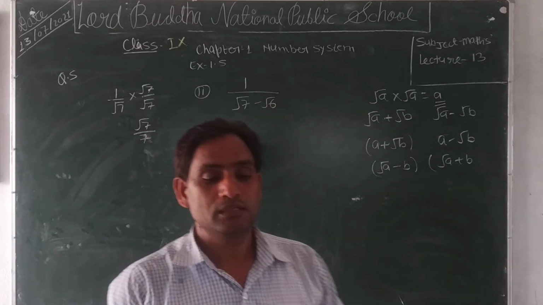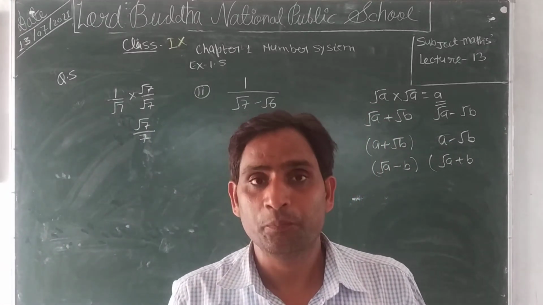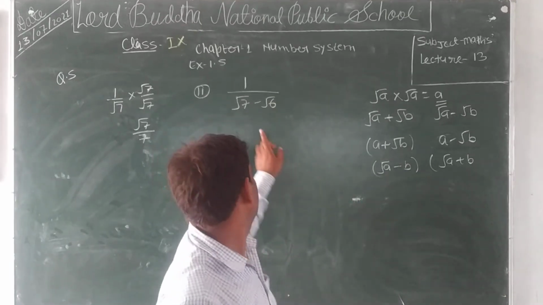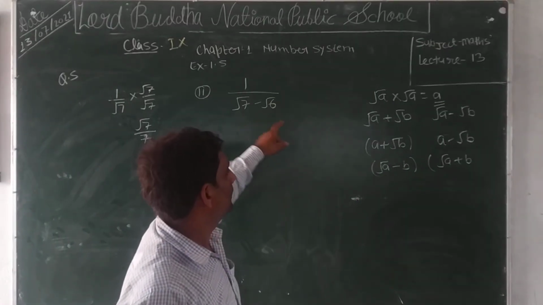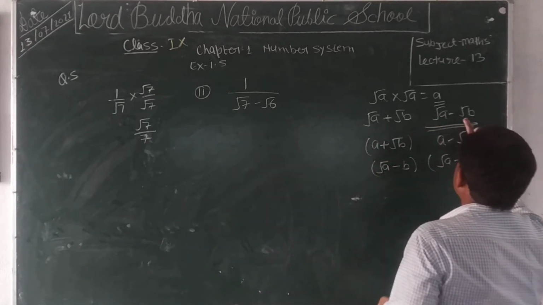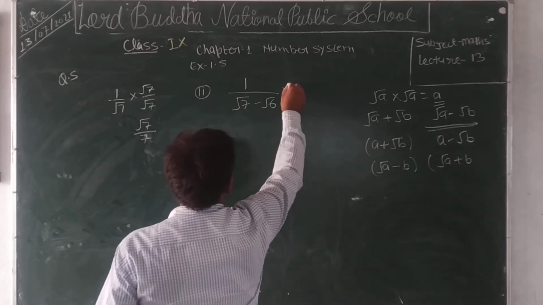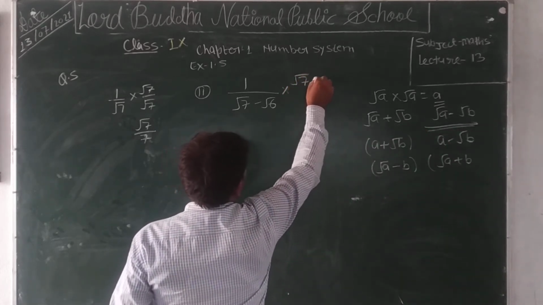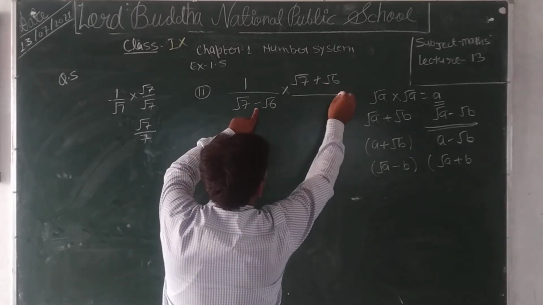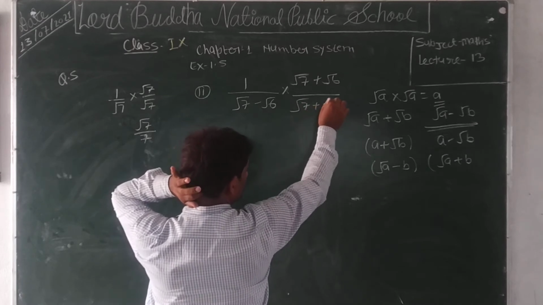And we know that the sum and difference of two irrational numbers may be rational or irrational, but here this is an irrational number of this form. Hence, its rational factor will be of this form. Means we take root 7 plus root 6. Means we change only the sign between the terms. Clear? Hence, root 7 plus root 6.